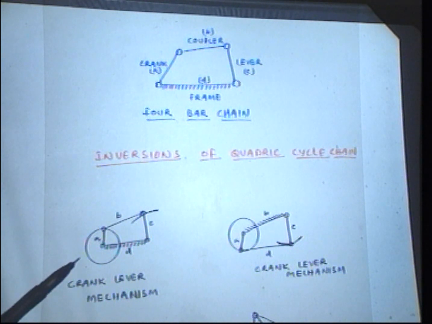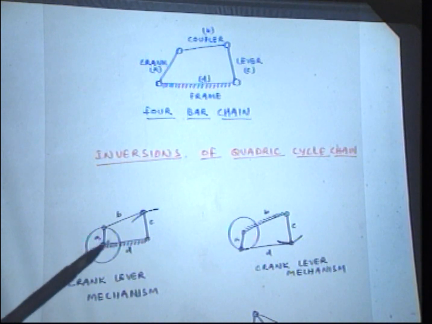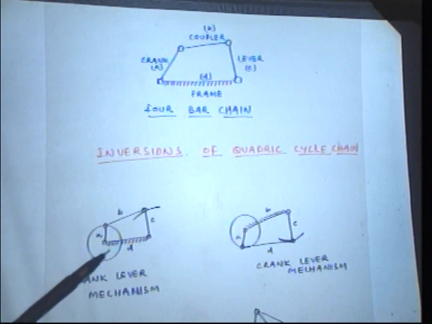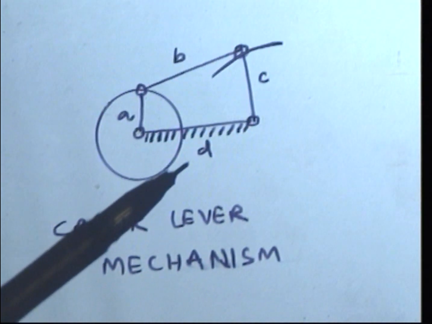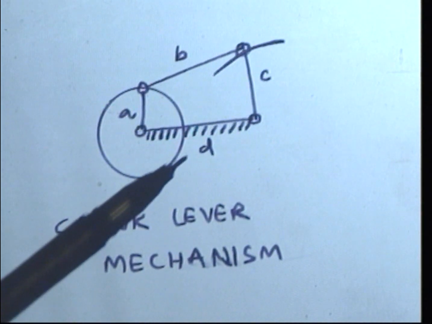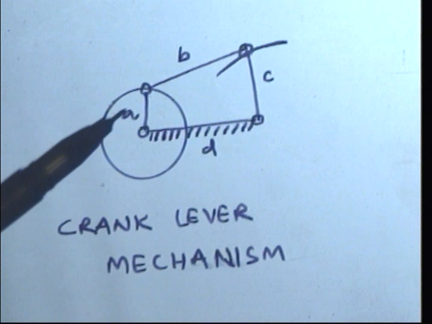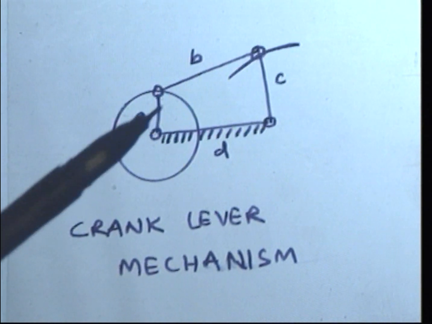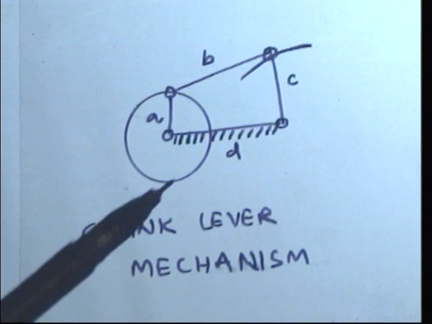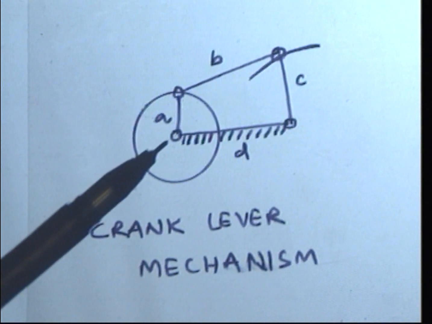In this figure, one of the links of this chain is fixed, that is D. Link D is fixed here. Link A, which is the crank, is able to rotate about this pivot.